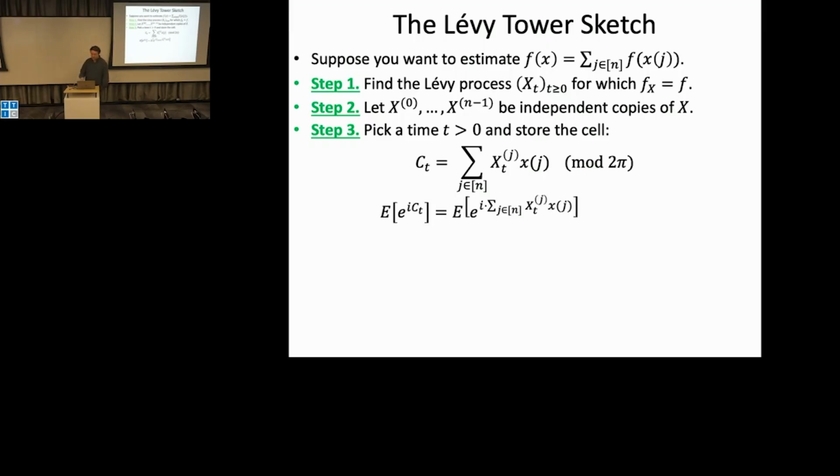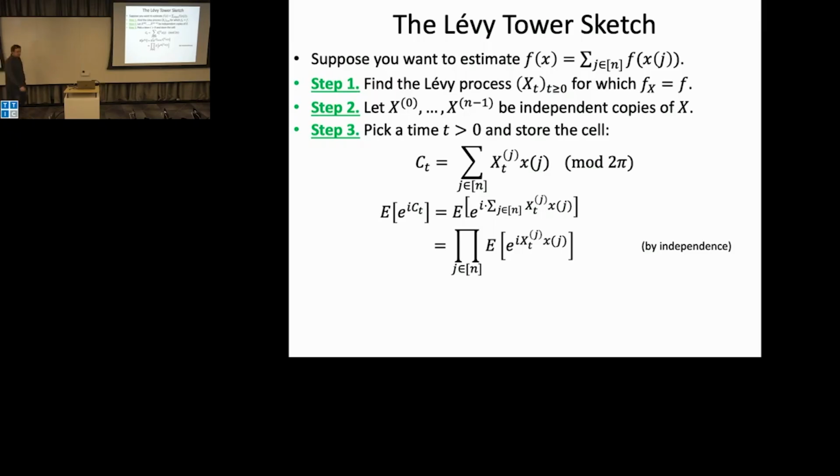So what happens when you take this single cell synopsis of the entire vector and look at the expectation of e to the i c t? We're just applying the definition of the characteristic exponent. By independence, we can take this expectation of an exponential and look at the product of a bunch of individual expectations, and then apply the characteristic exponent identity exactly.